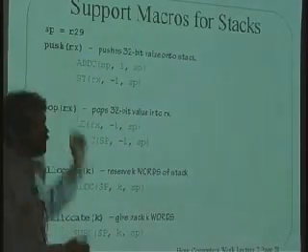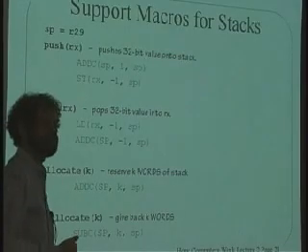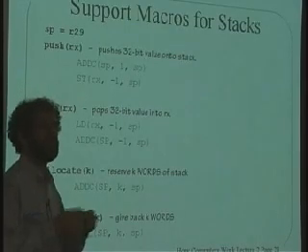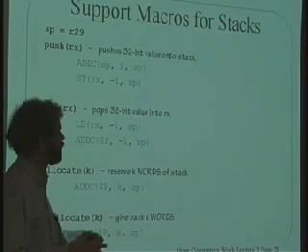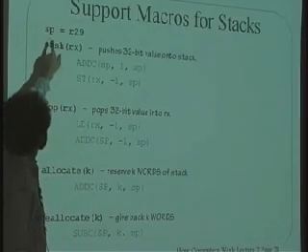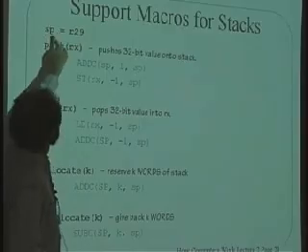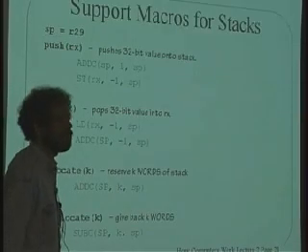So first of all, just as R28 is going to be this linkage pointer called LP, and whenever we jump to a subroutine, we'll remember where we came from in LP, which is the same as R28. We're going to reserve R29 for the stack pointer, SP.